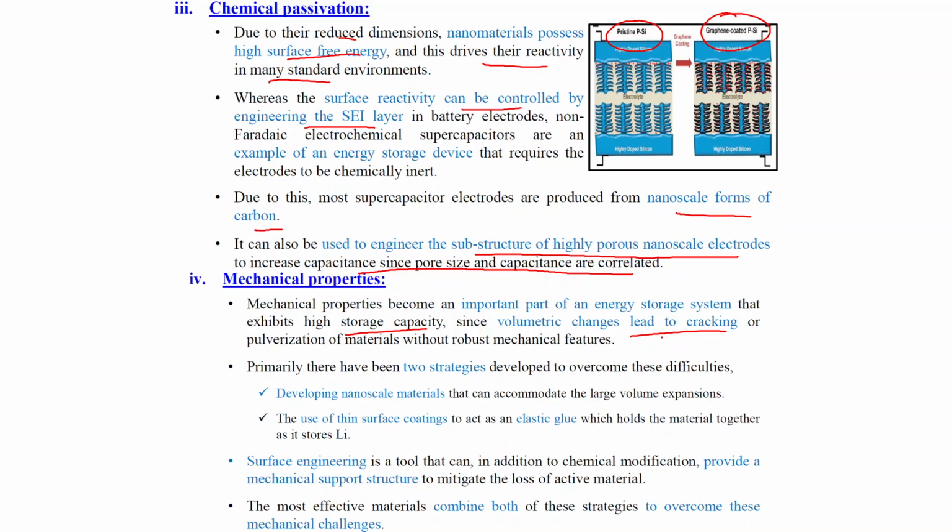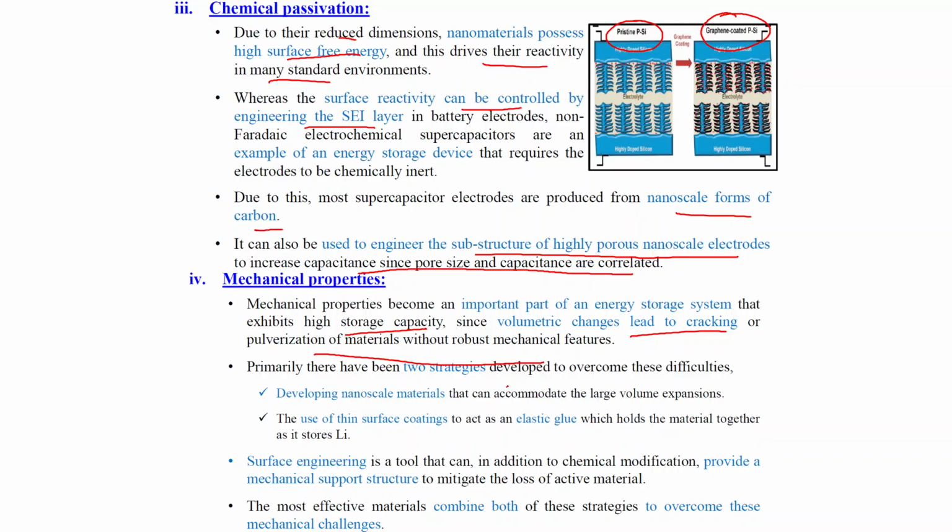Due to charging and discharging, volumetric expansion or shrinkage takes place, due to which these devices are susceptible to cracking and pulverization of materials without robust mechanical features. Meaning, if the materials don't have good mechanical properties, then cracking and pulverization can take place.